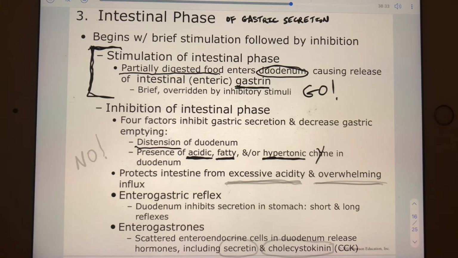The small intestine will say, no, stomach, that's enough. That's enough.